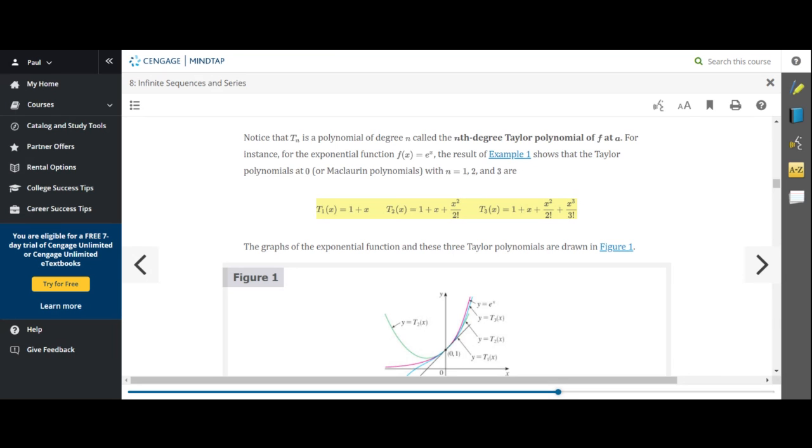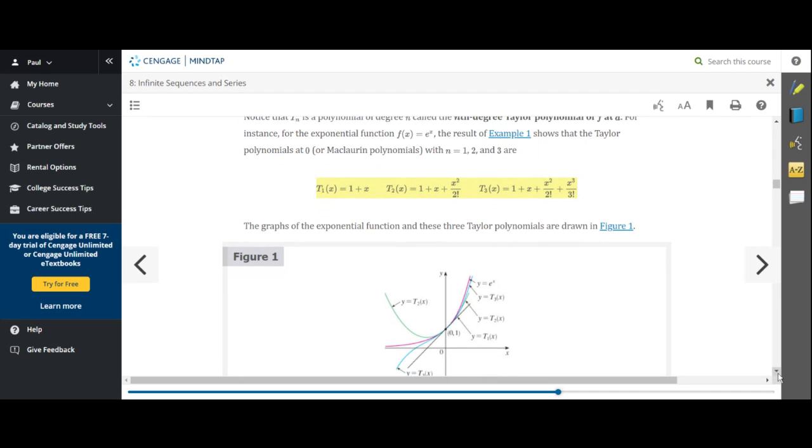The third degree Taylor polynomial, T sub 3 of x, is 1 plus x plus x squared over 2 factorial plus x cubed over 3 factorial. And they've drawn these three Taylor polynomials along with the exponential function e to the x in figure 1.